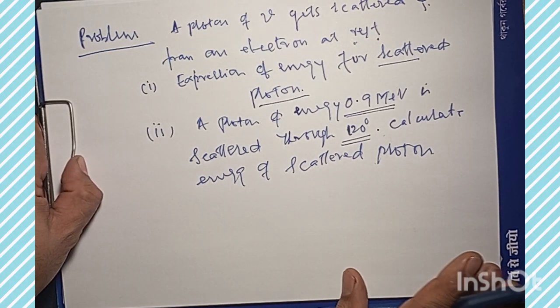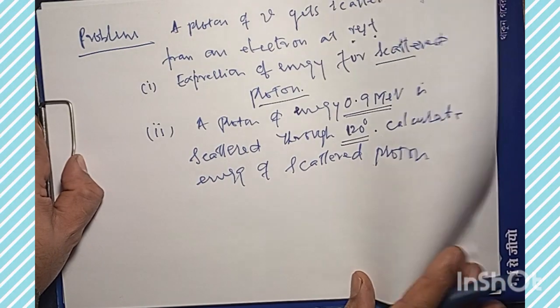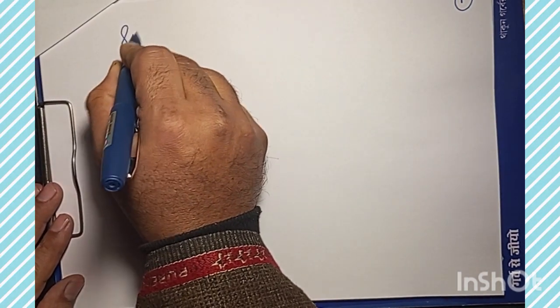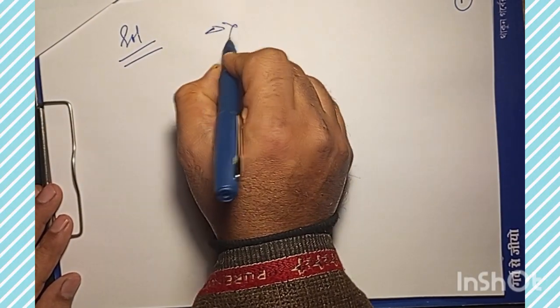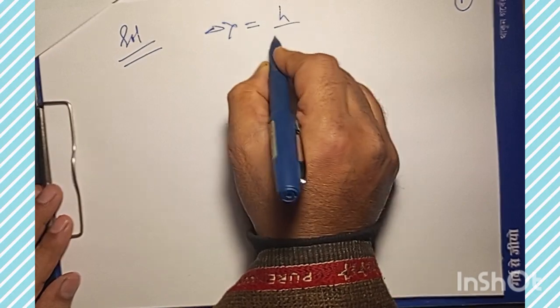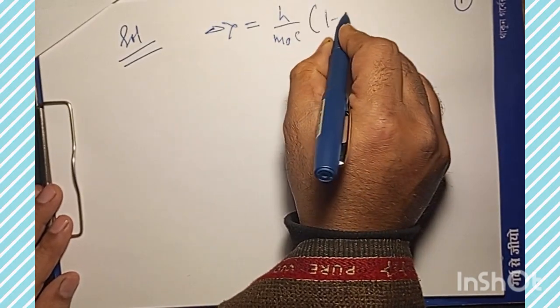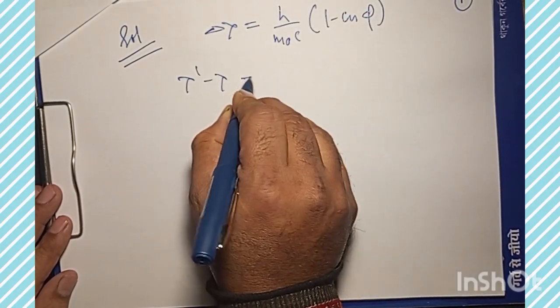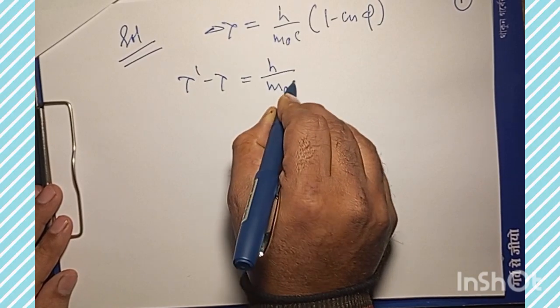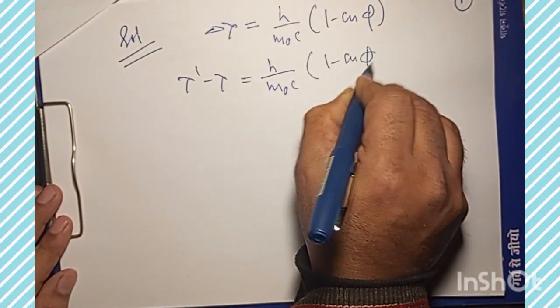Now, to solve this problem, we would like to start from the Compton shift. In the solution, we have delta lambda equal to h by m naught c times (1 minus cos phi). This means lambda dash minus lambda is h by m naught c times (1 minus cos phi).